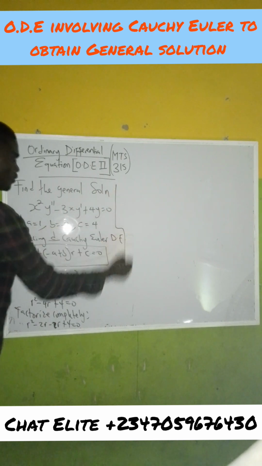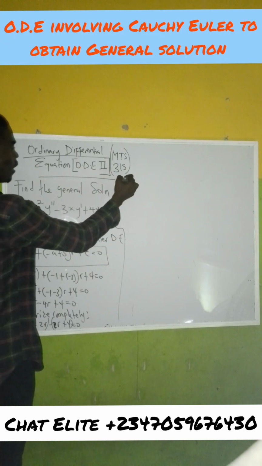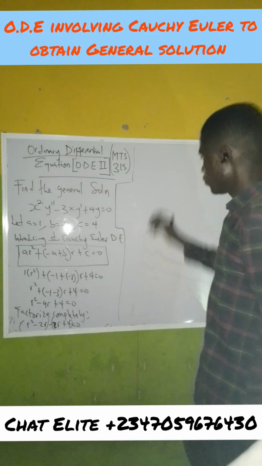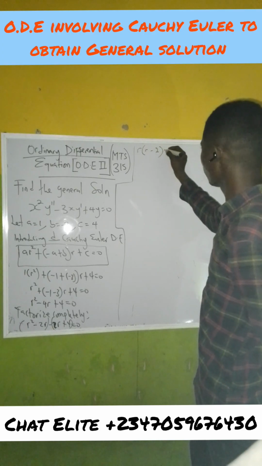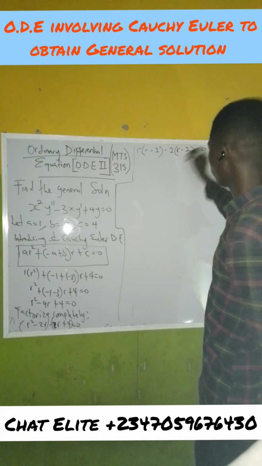Alright, we are still on the way. At that junction, we factorize by the grouping method here. What is common here? r is common here. So we are having r into (r minus 2) minus 2 into (r minus 2) equals 0.